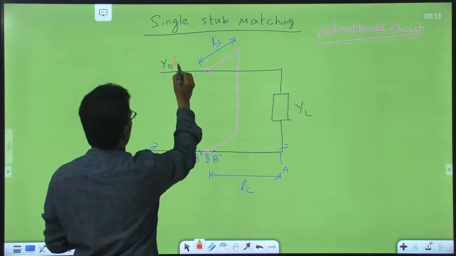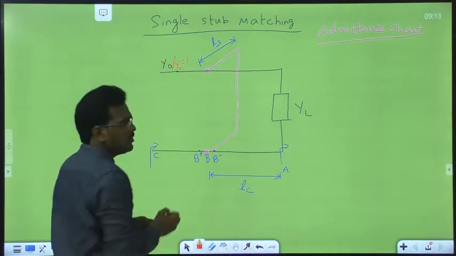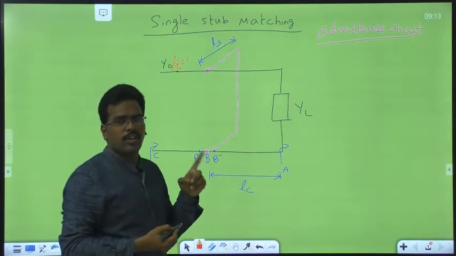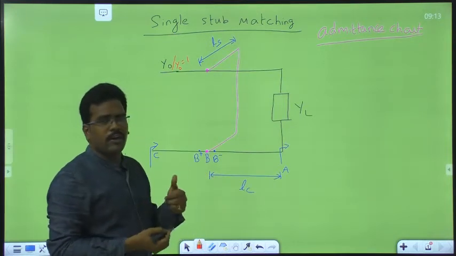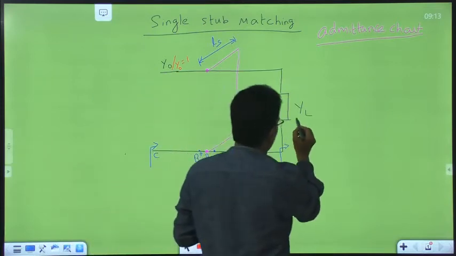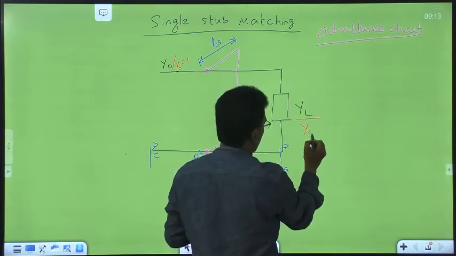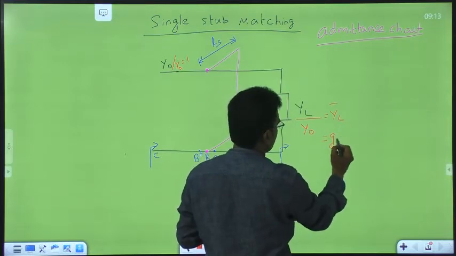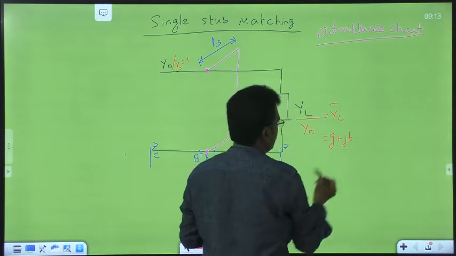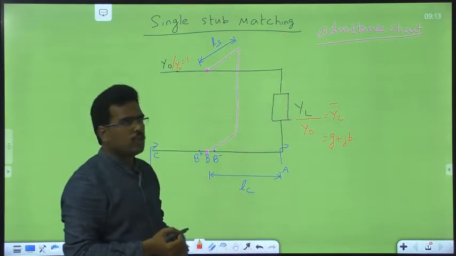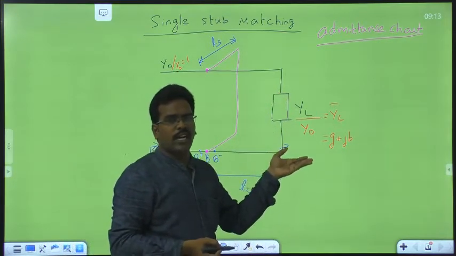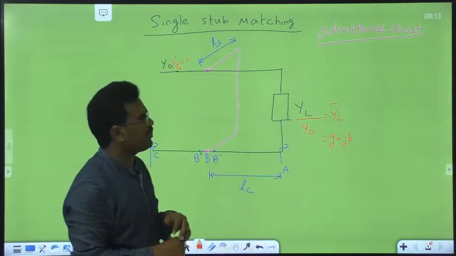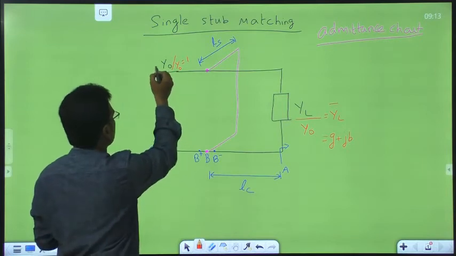So y0 by y0 gives 1. You have to normalize everything. In the previous case, we normalized with respect to z0, but here we normalize with respect to y0 because it is the admittance chart. So yL by y0 gives yL bar, which takes the value g plus jb, where g is the normalized conductance and b is the normalized susceptance.